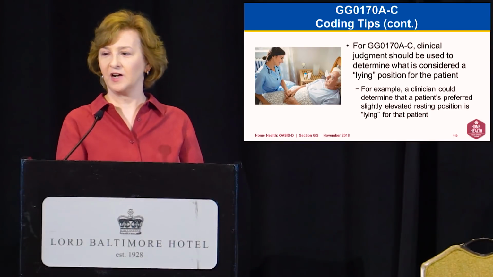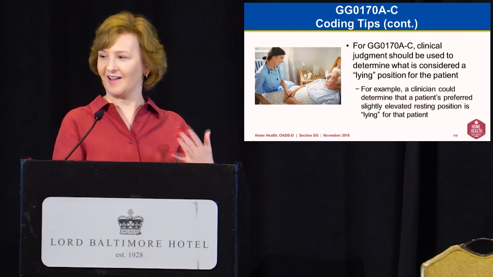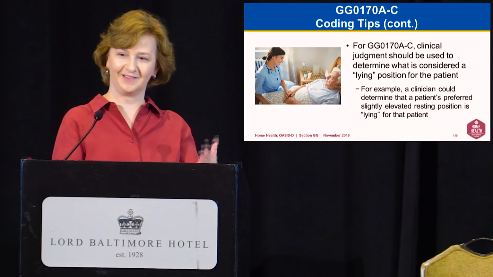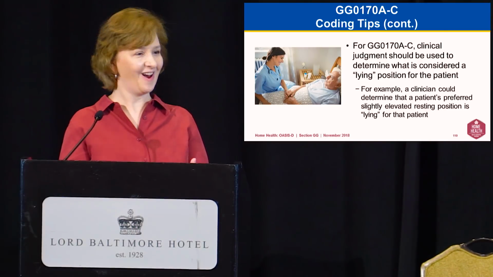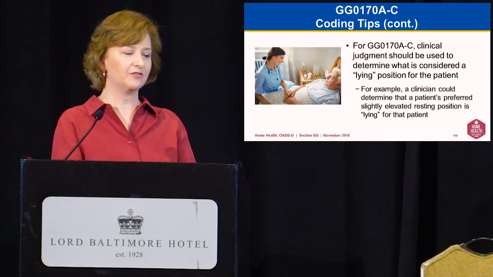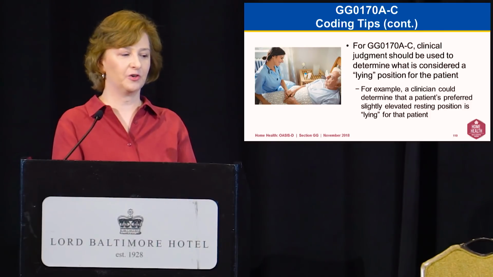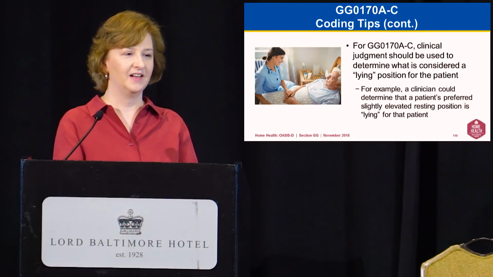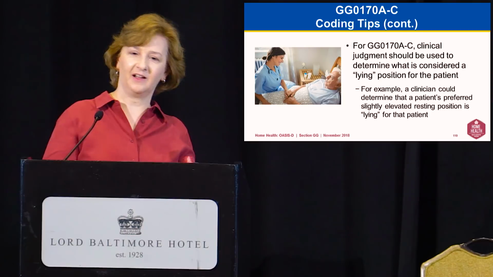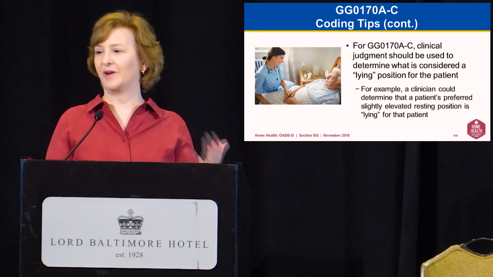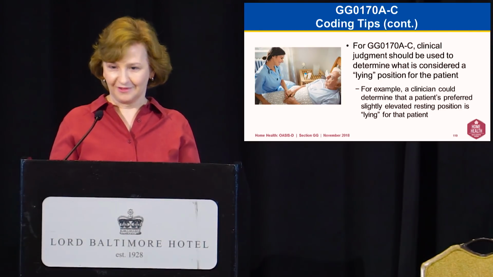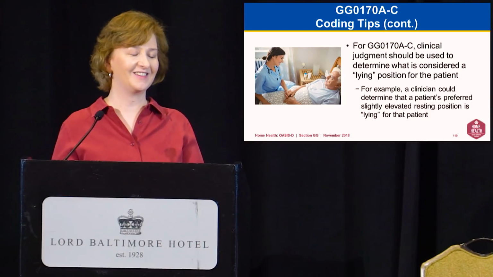We have had many questions about what exactly is lying flat and at what point lying flat is not happening. And so you would actually use your clinical judgment to determine if the person is lying flat. I think, for example, rolling left to right, at a certain point, it would be hard to ask somebody to do that and to assess it.